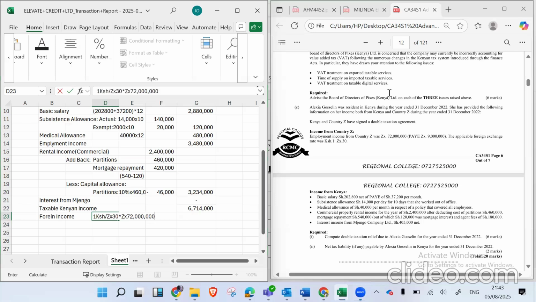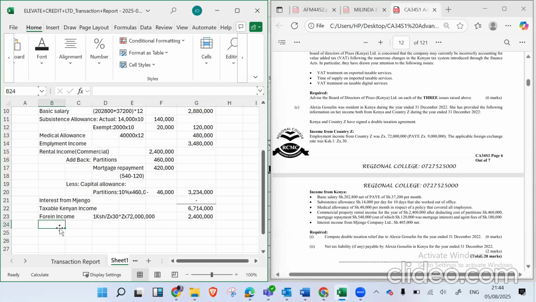So that ZX and ZX can cancel out. Ukifanya tu direct 72 divided by 30 and then hapo uweke the figure, will there be an issue? No, it's very okay. It is very okay. 2.4 million Kenya shillings.